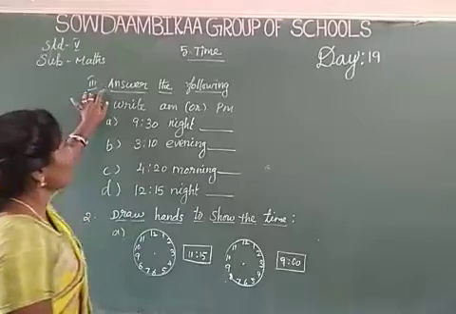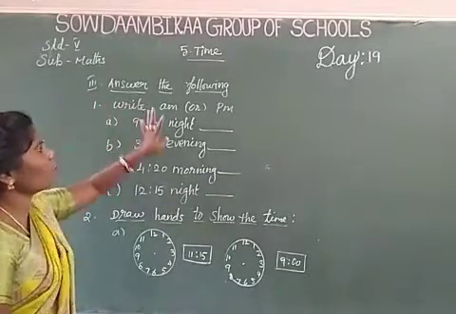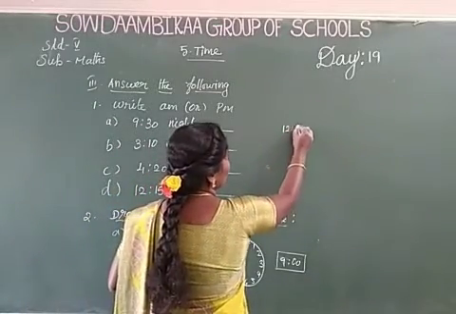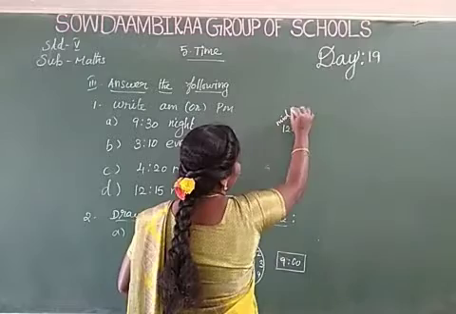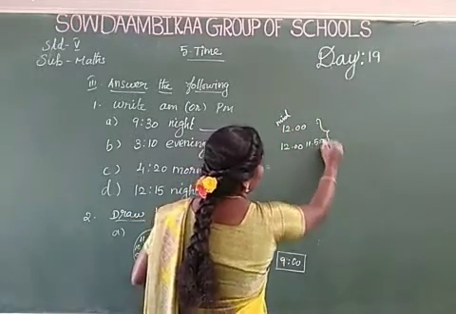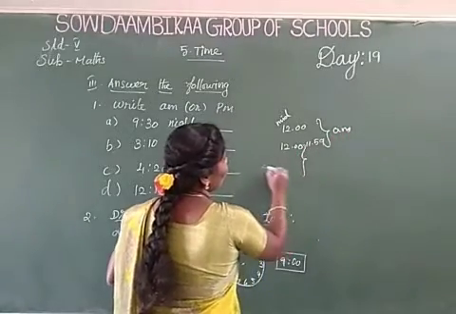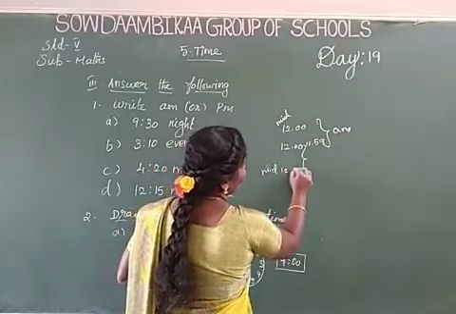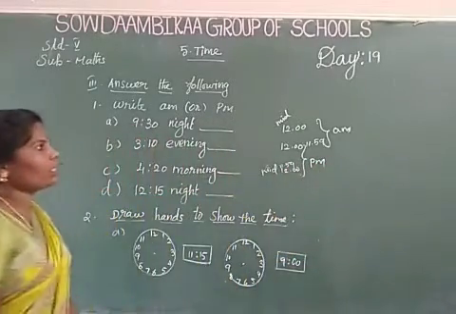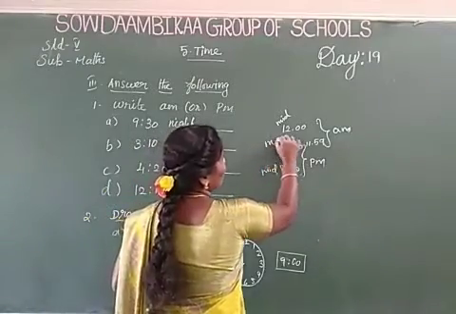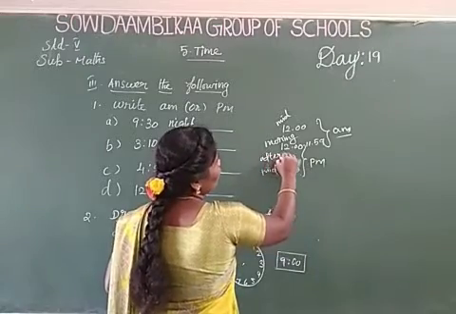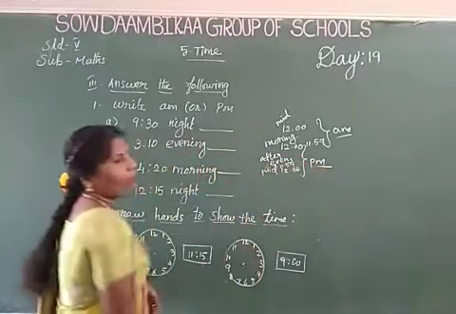The next, third one, answer the following. First one, write AM or PM. I already told you, from midnight 12 o'clock to afternoon 12 o'clock, 11:59, is always AM. The morning is always AM, and afternoon, evening, night are always PM.